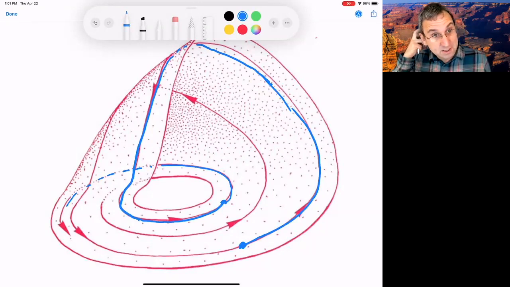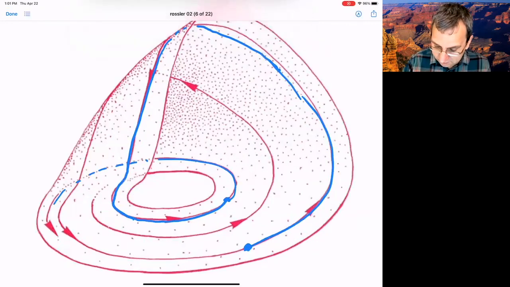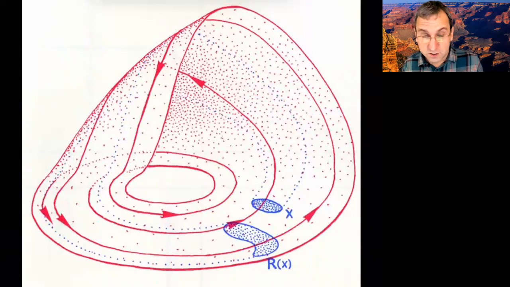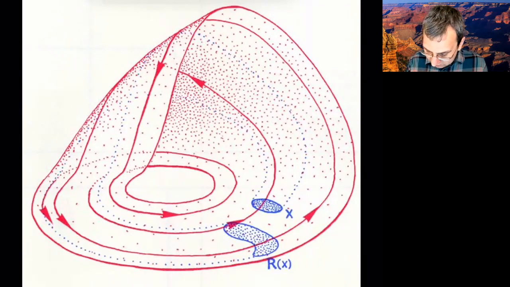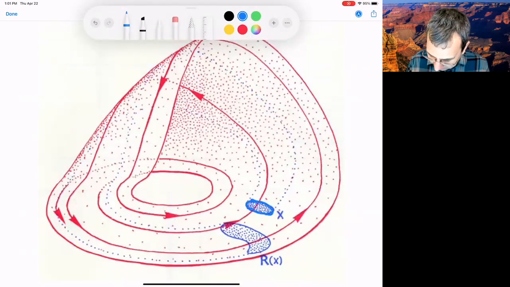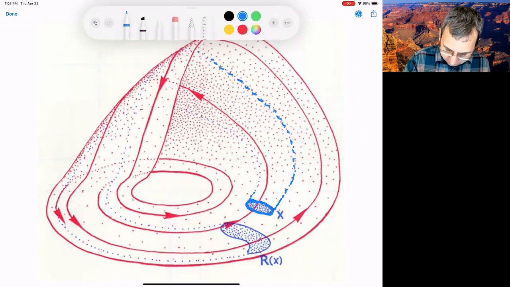Let's say, all right, this really does represent what trajectories are doing. What can we say about it? This is starting with a patch at x here. So here's x, and this is showing what the ends of this blob of initial conditions are doing on the attractor. This side is going up this way. Let's just follow it. And now it's over here.